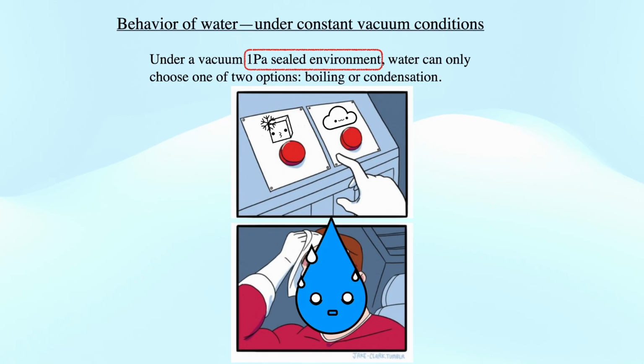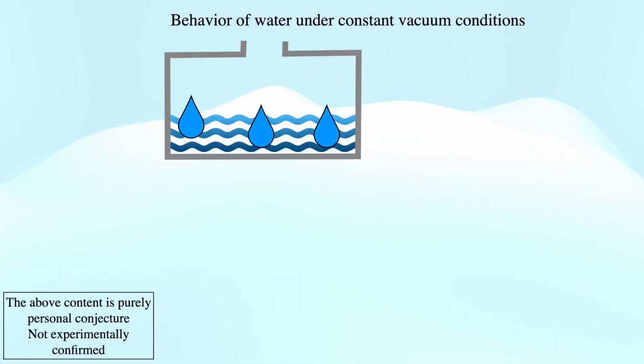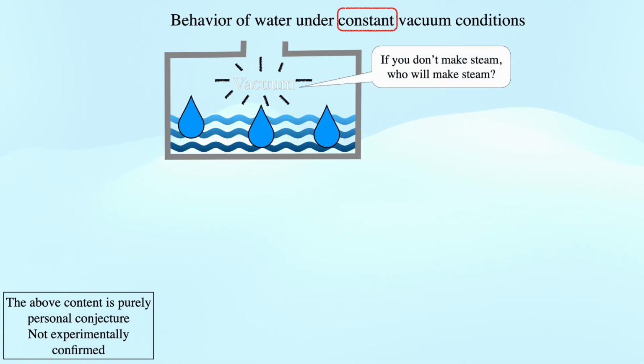In fact, at this time, it will have another behavior. The vapor pressure of water in this vacuum environment is very high, because the vacuum pump continuously pumps out air and water vapor. In other words, water is forced to quickly turn into vapor to fill the space that is constantly being pumped away. And the freshly made vapor is also constantly taken away.